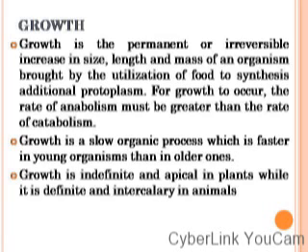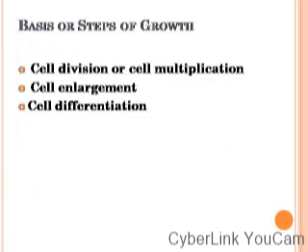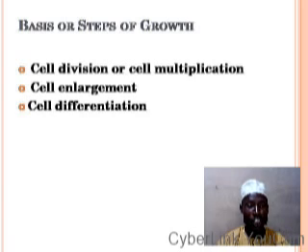Let us look at the basis or steps of growth. We have three bases or steps of growth. The first one is cell division or cell multiplication, the second one is cell enlargement, and the third one is cell differentiation.